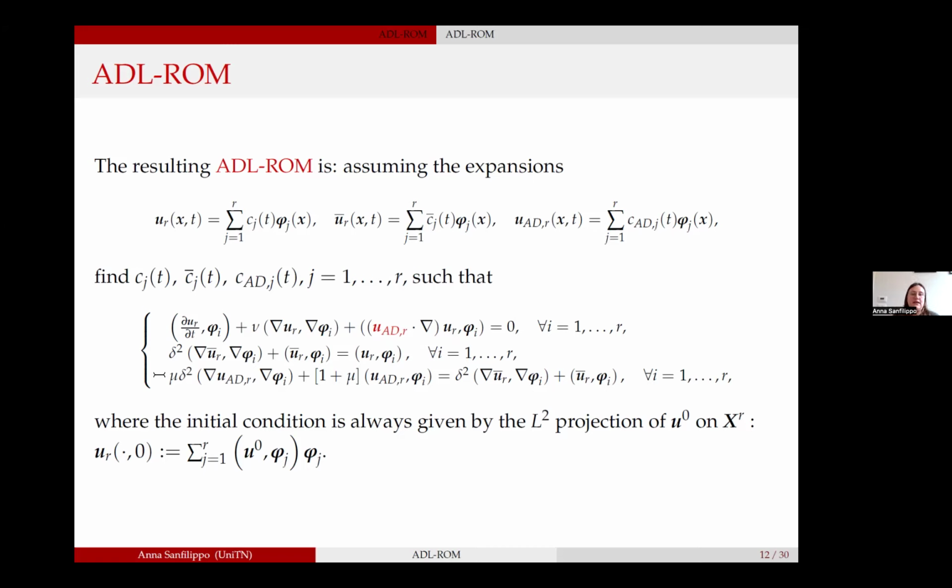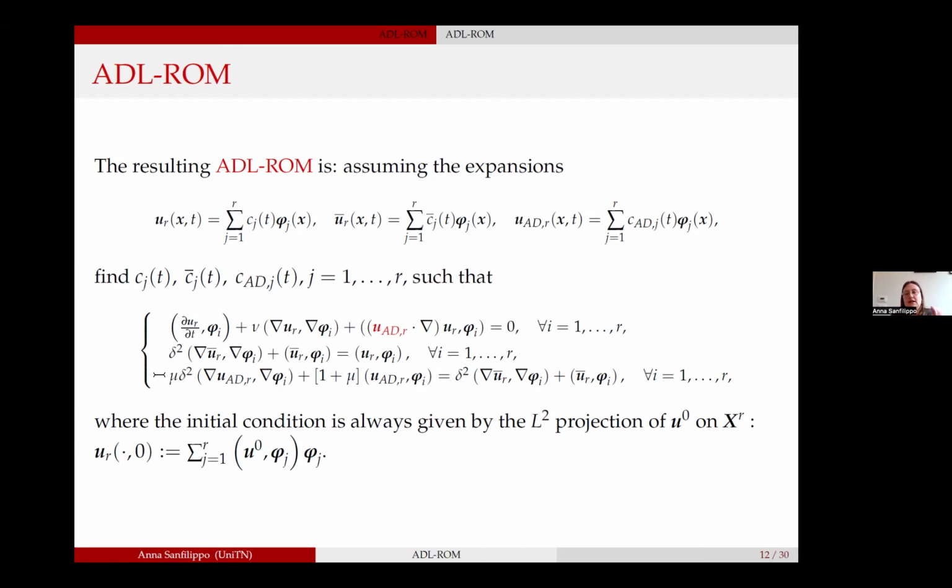So also in this case, we are adding another linear system of small dimension R. But again, as for L-ROM, this is not a problem from the point of view of computational efficiency, since it's linear, it's only of dimension R, and it's quite straightforward to have the solution.